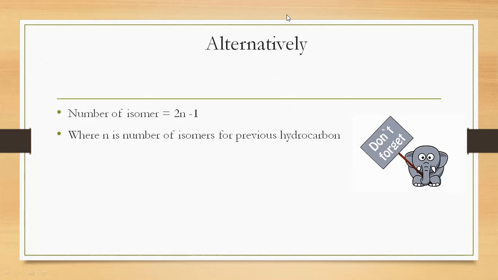Say, if I take octane, then I have to know the number of isomers for heptane. So don't use n equal to 8 here. n equal to 8 is wrong here. So that you have to remember. Okay. So that's how to calculate it.